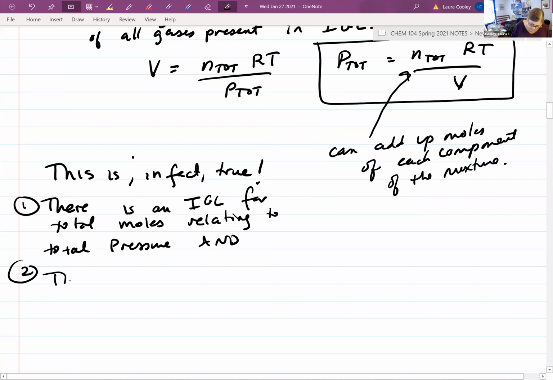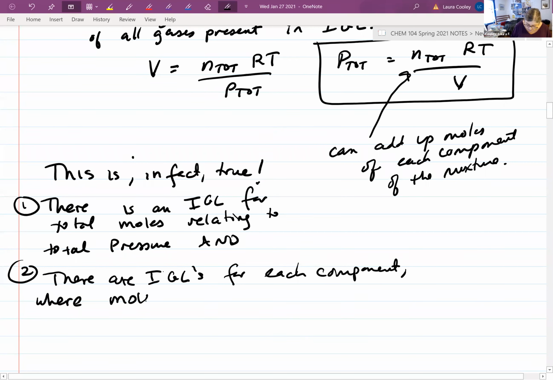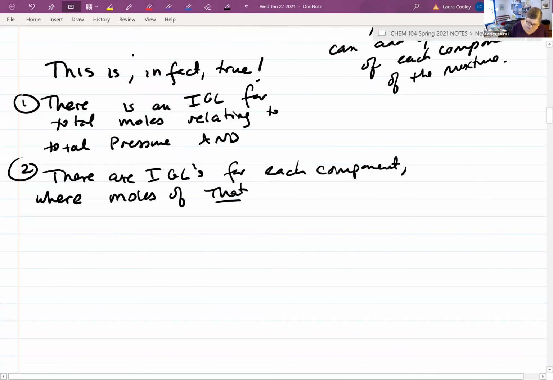And there are ideal gas laws for each component, where the moles of that component relate to the pressure of that component of the gas.